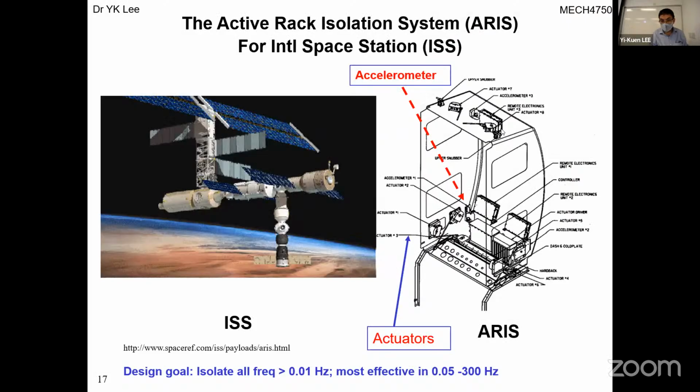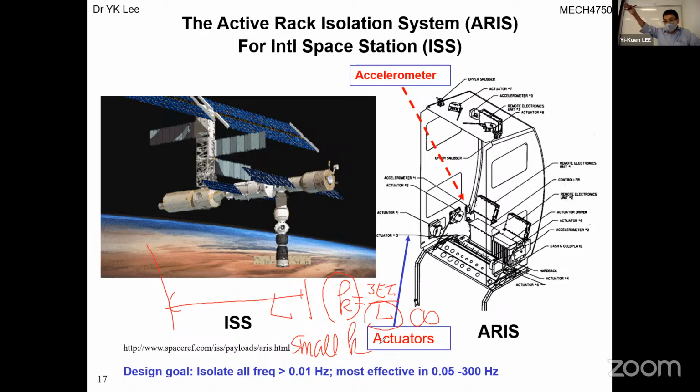If the structure is very big, with length L and spring constant K, the spring constant is inversely related to L. So the larger it is, the smaller our K would be, and with a small spring constant it becomes more flexible.